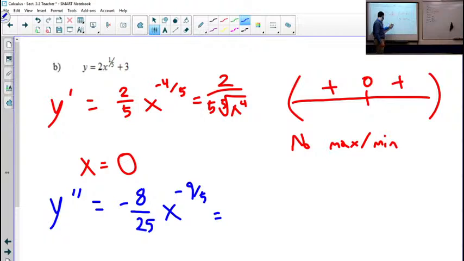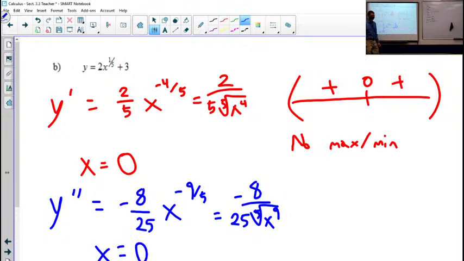So that equals negative 8 over 25 times the 5th root of x to the 9th. Well, guess what? We still care about x equals 0. That's where that second derivative doesn't exist.